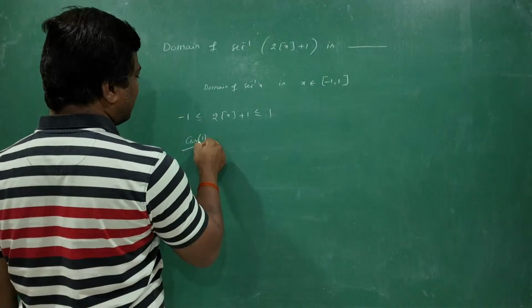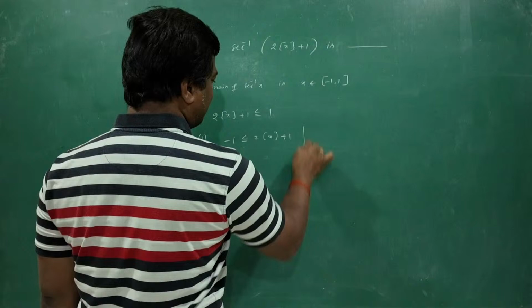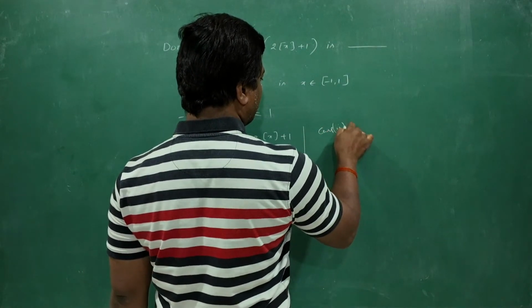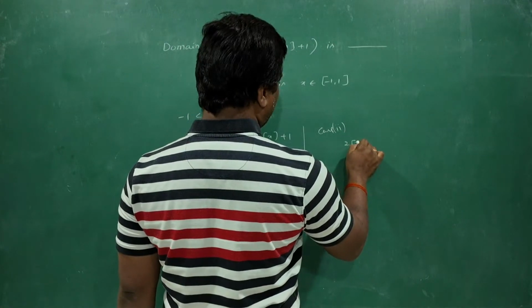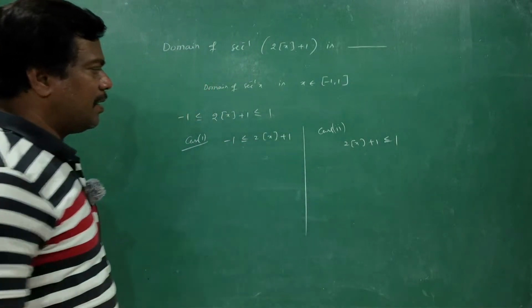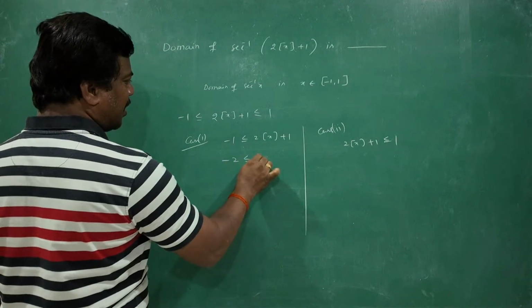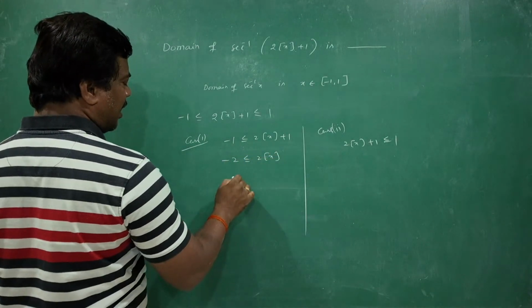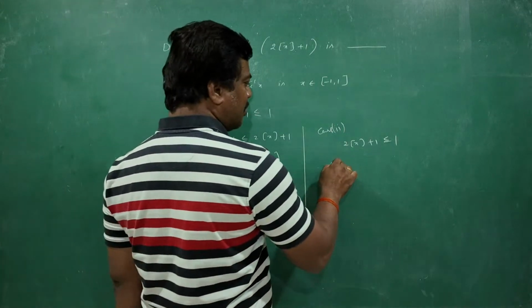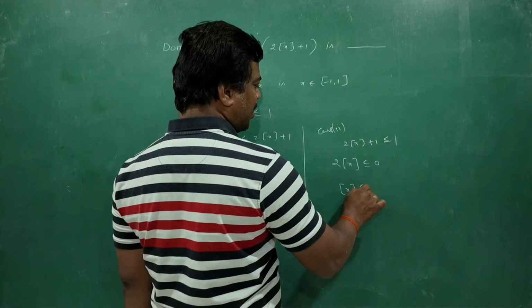Case 1, minus 1 greater than or equal 2 times of step x plus 1. Next case 2, 2 times of step x plus 1 greater than or equal to 1.